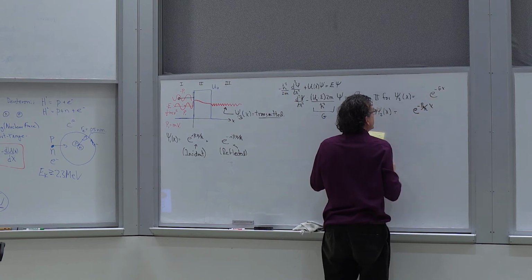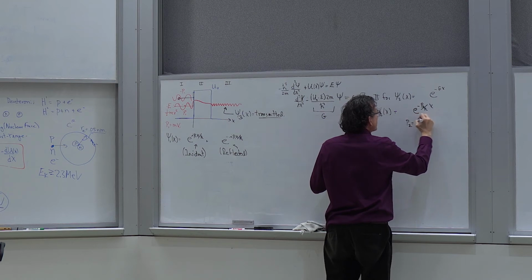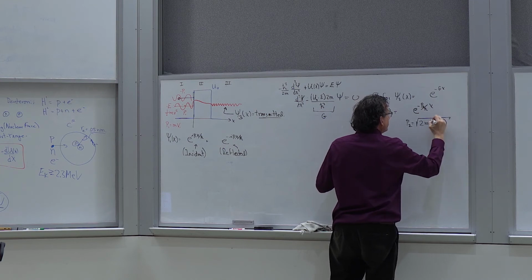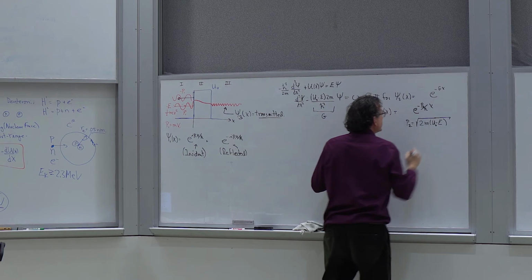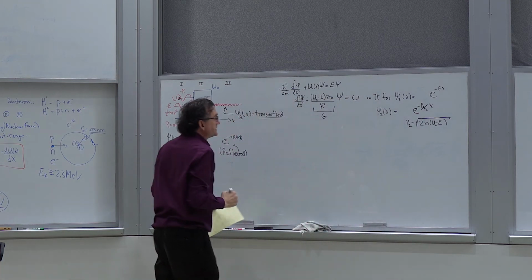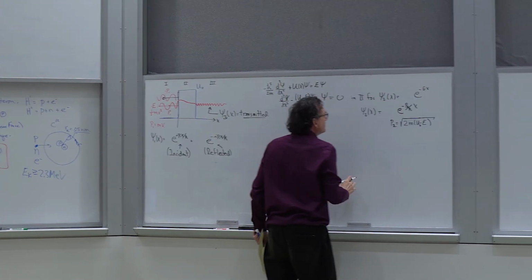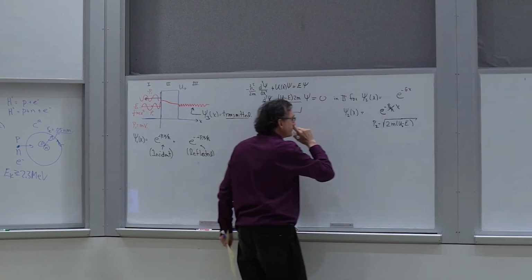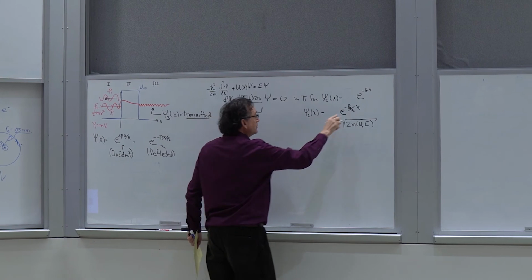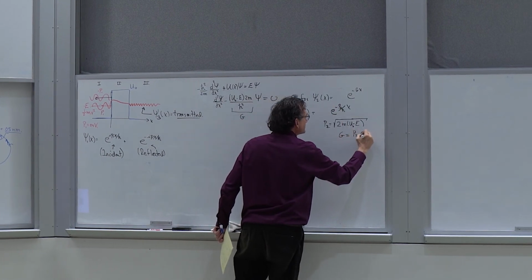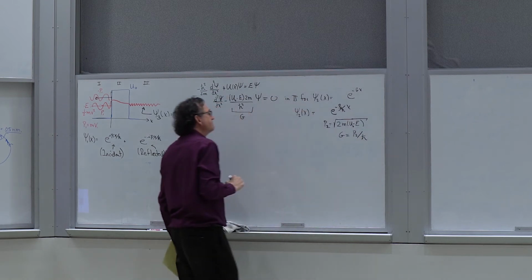So it's an exponential decay, and p2 is equal to the square root of 2m times (U0 minus E). So this is the same statement as this, only I just redefined g by including, in this case, g is equal to p2 over h bar. That's probably the best way of saying it.